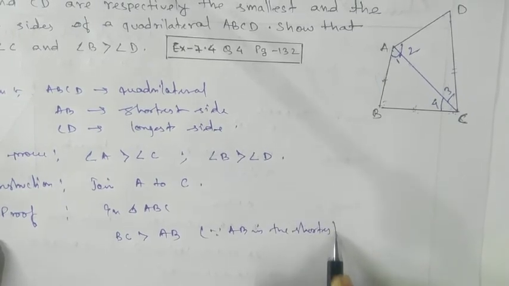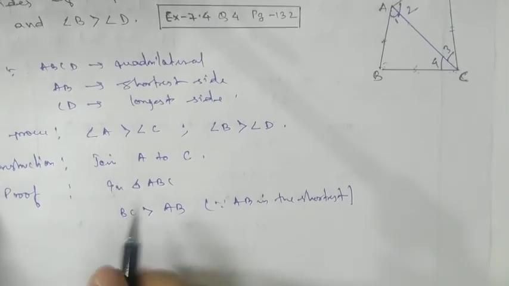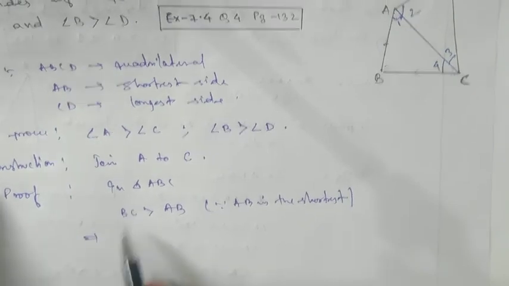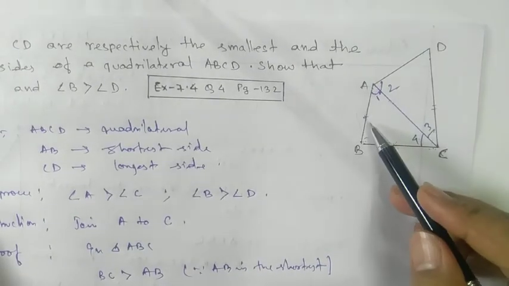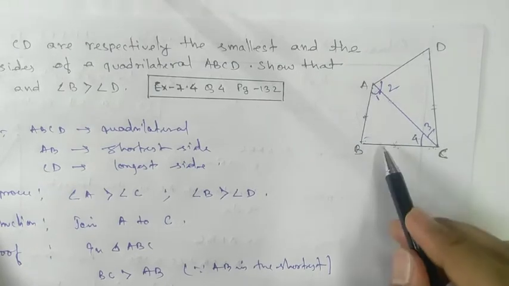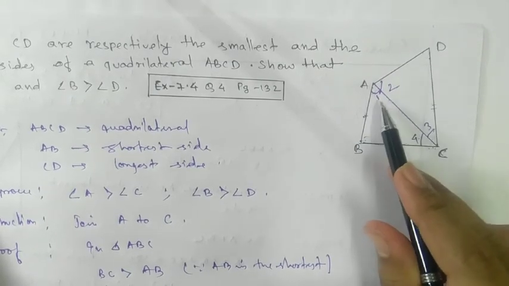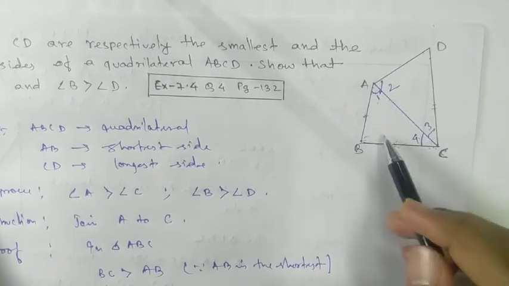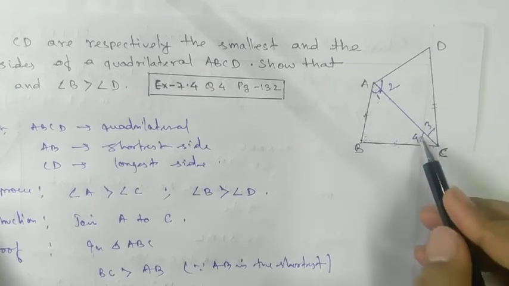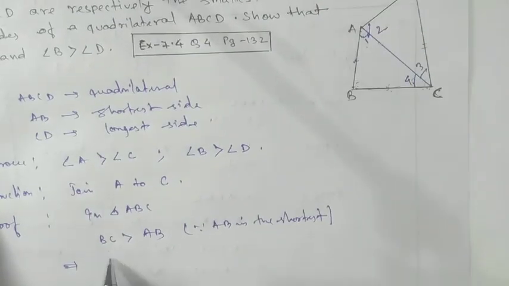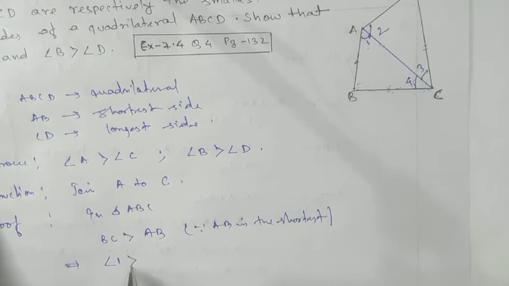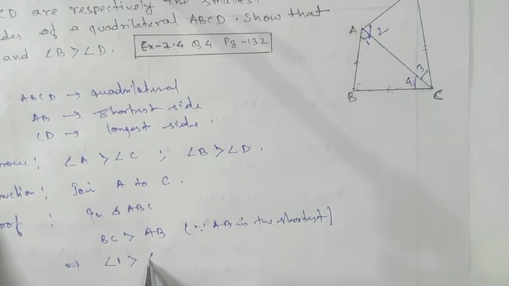This implies, we know that the angle opposite to the bigger side is bigger. So BC's opposite angle is angle 1, and AB's opposite angle is angle 4. That means angle 1 is greater than angle 4.